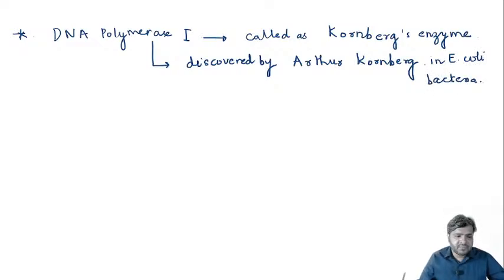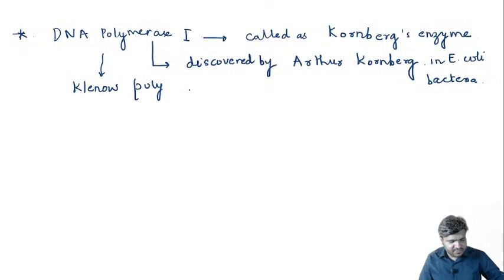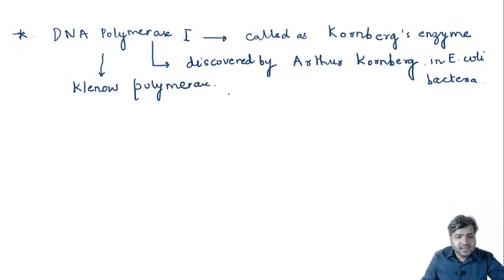Apart from that, guys, it is also known as Klenow polymerase. You already know that basically the 5 prime to 3 prime exonuclease activity is removed.